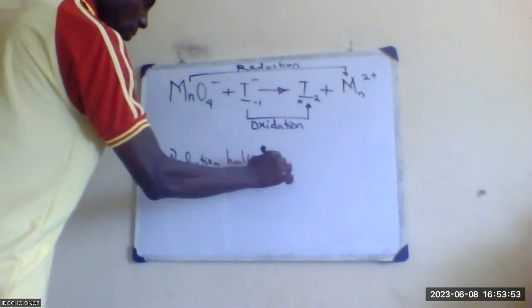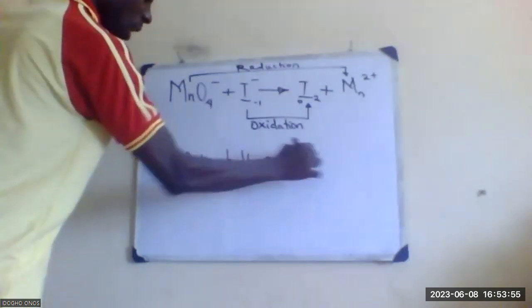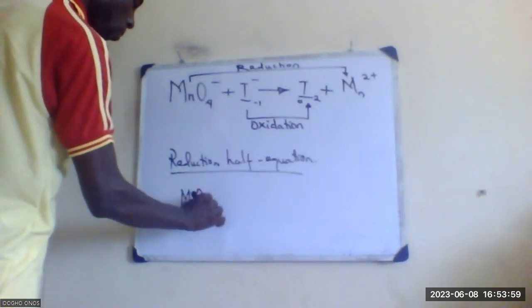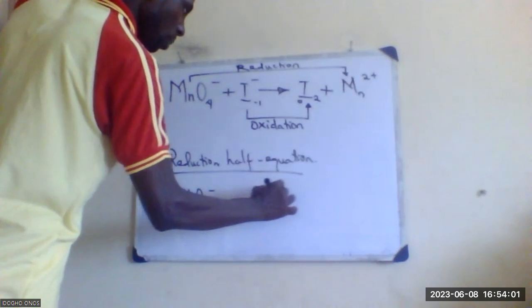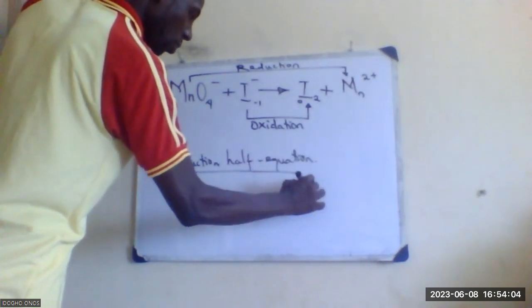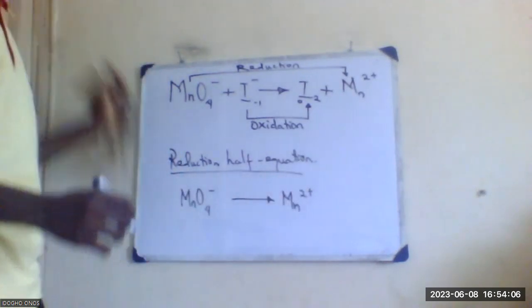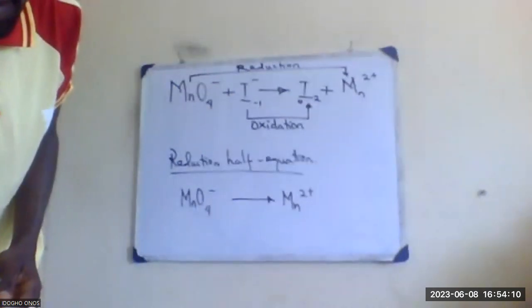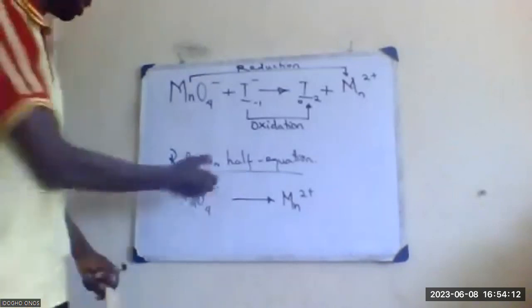half equation. My reduction half equation is this one. That is MnO4 minus to give me Mn2 plus. Do you agree with me, madam? Yes, sir. Okay, so this is the reduction half equation.